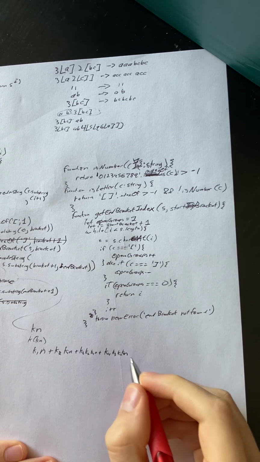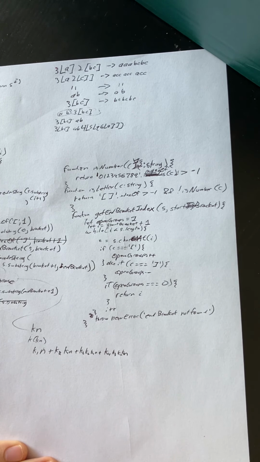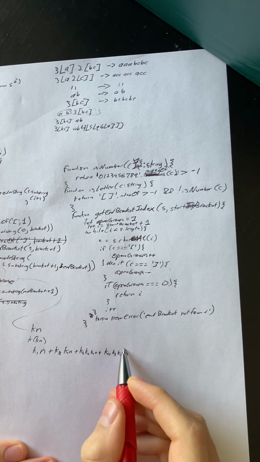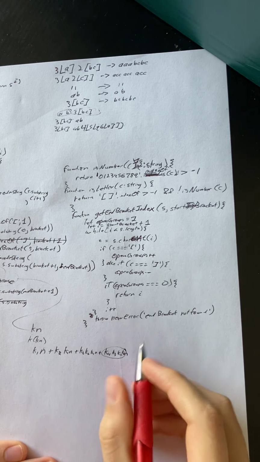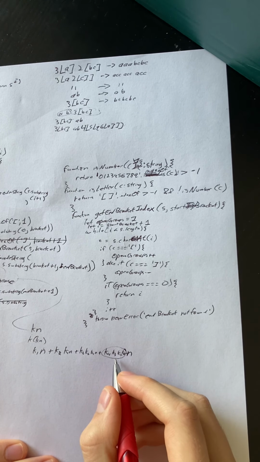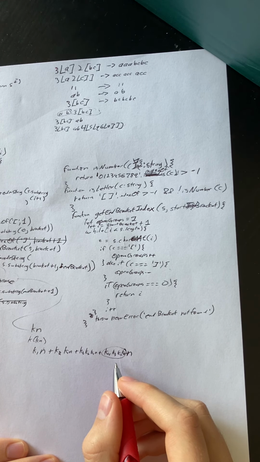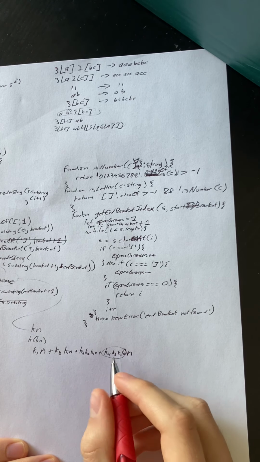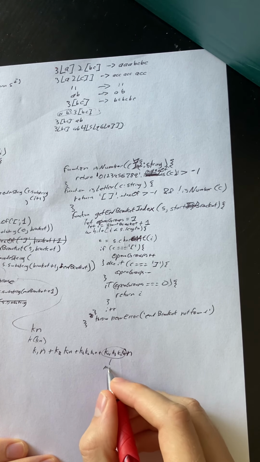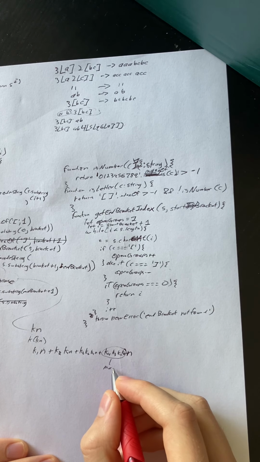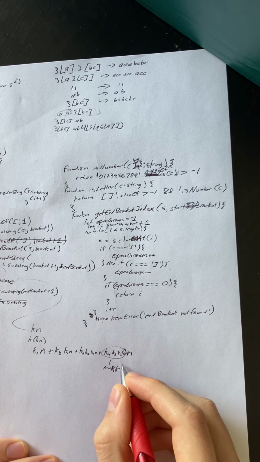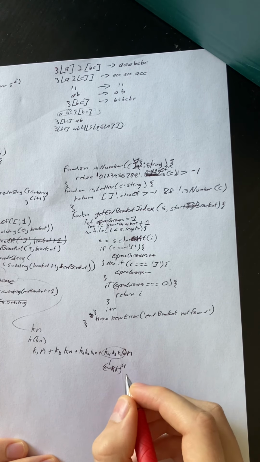That should be k1. You can look at this and conclude that this little phrase right here is going to be less than whatever the maximum of the k values is, to the fourth power.